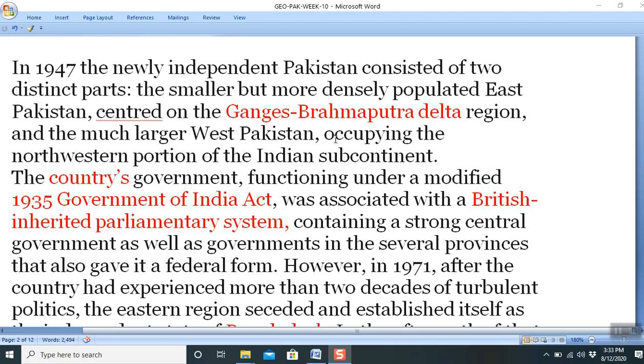This reduced the public liberty. At the same time, new constitutions were made. For example, the Constitution of 1956, 1962, and 1973.